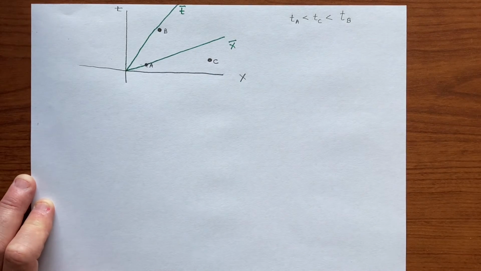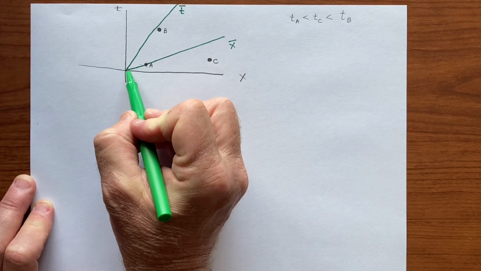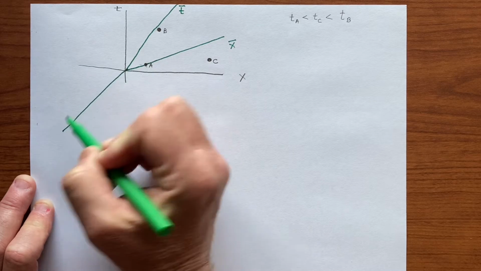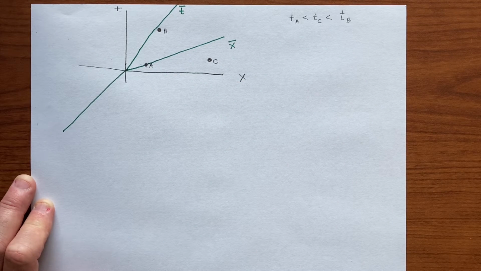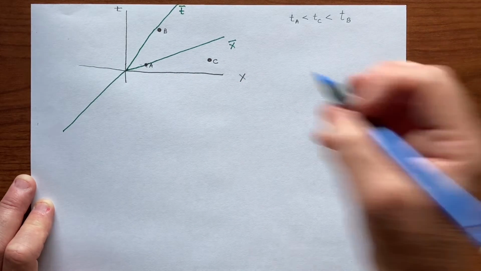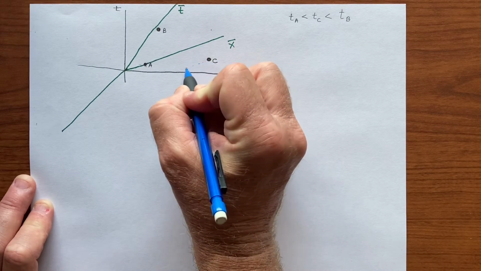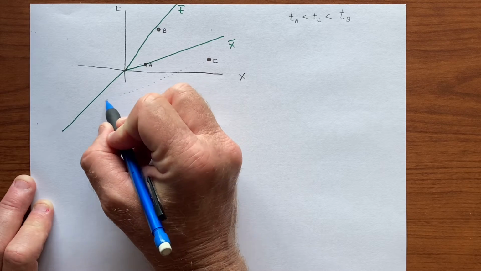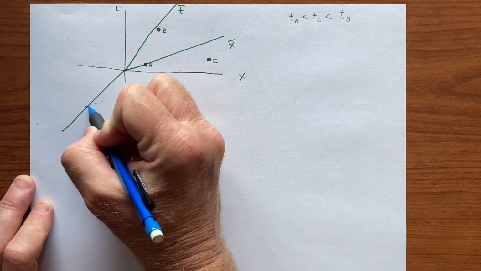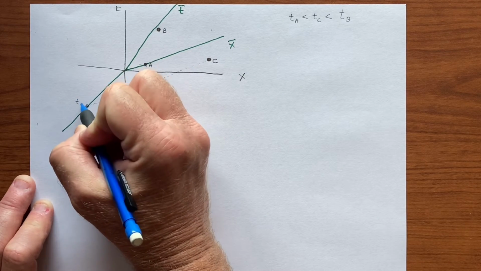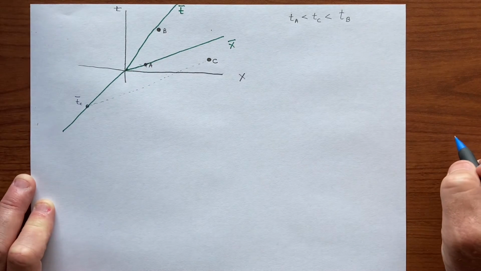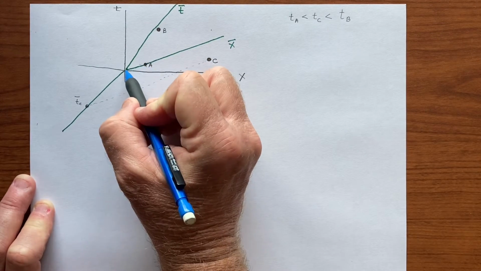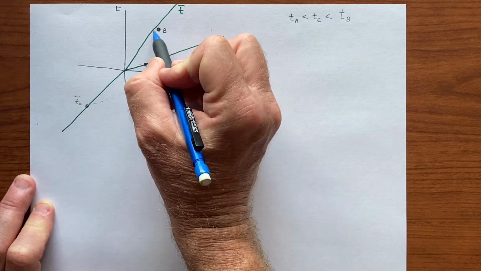So maybe we can just extend the time axis so that we can see that, in fact, TC bar is down there. Right, so that would be TC bar, and TA bar is here, and TB bar is that.